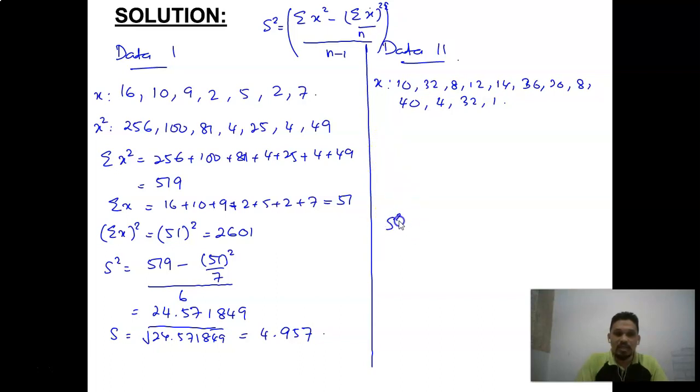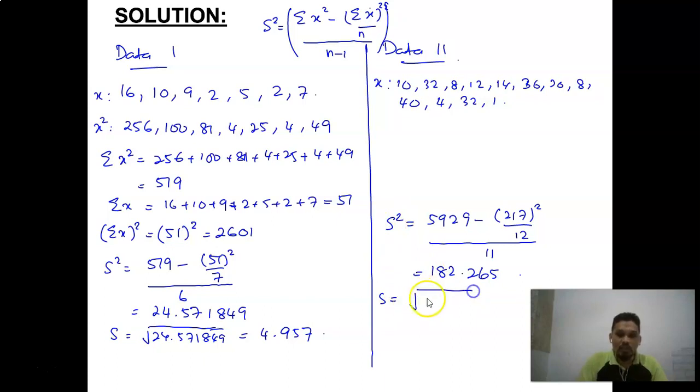So S2 equals 5929 minus 217 squared divided by 12, and everything divided by 11, which equals 182.265. This is the variance, and the standard deviation equals the square root of 182.265, which equals 13.5.